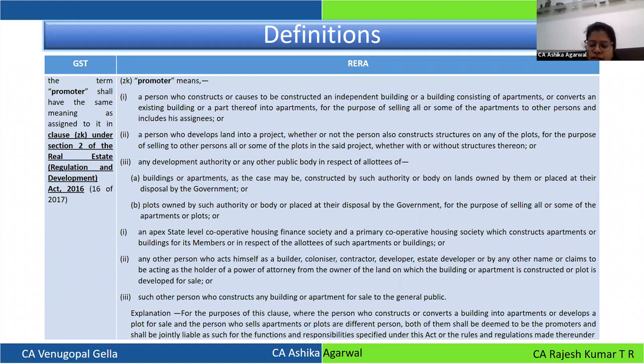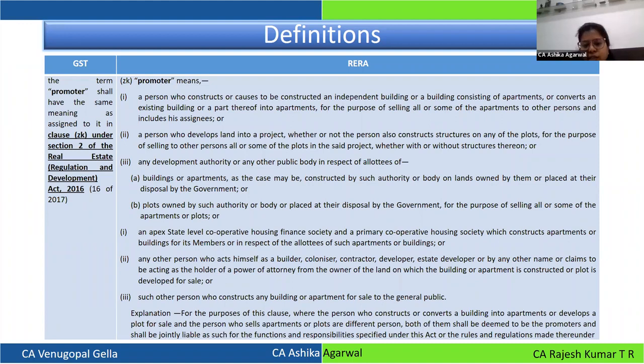The taxability on construction is more or less dependent upon how things are explained under RERA, how you take registration under RERA. It plays a very important role in determining the GST rate applicable to you, how the ITC availment will be, and even whether you can opt for different rates for that project.